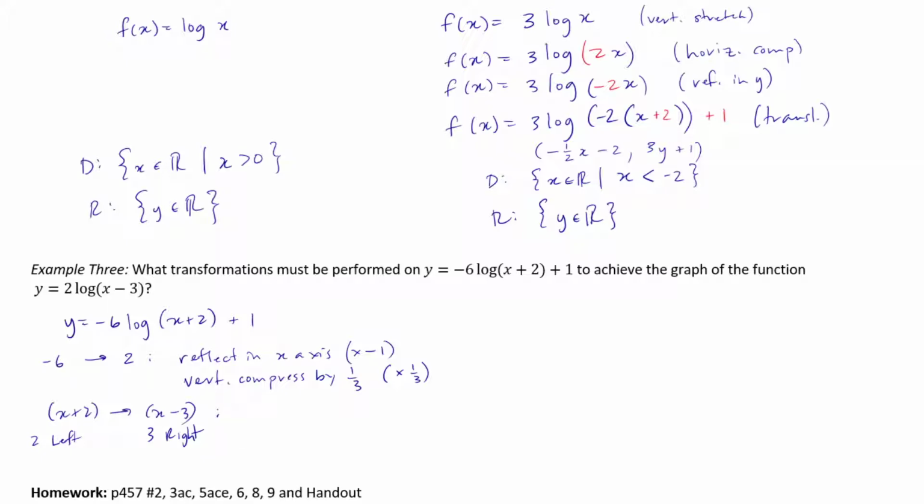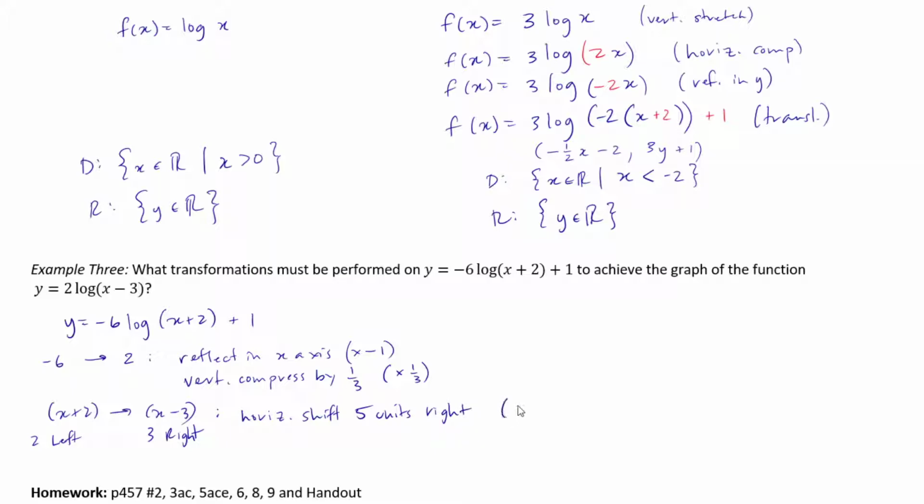Let's think about that for a second. If my graph is originally 2 units left and I need to go to 3 units right of the origin, then that means I'm going to have to horizontally shift 5 units right.